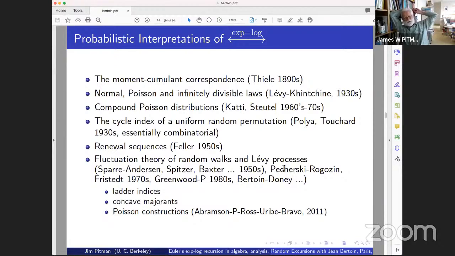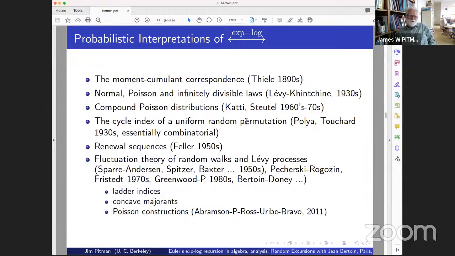It has a longer history earlier than that, going back to Laplace and Bienaymé and others who typically did a few terms but didn't try to write down the general thing. Once you're into moments and cumulants, you get into the world of normal, Poisson, and infinitely divisible laws, and the exponential formula of probability is the Lévy-Khinchine formula. Then we have compound Poisson distributions as an instance of that.